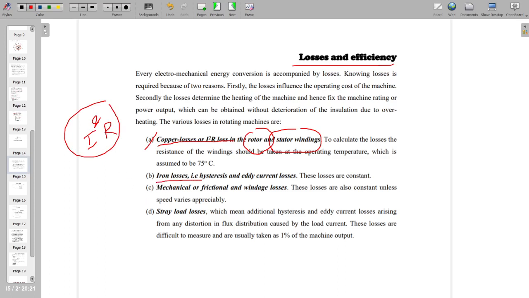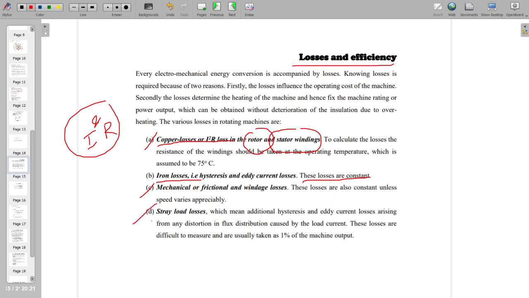Iron losses, that is hysteresis losses and eddy current losses, are constant. These losses are because of the hysteresis and eddy currents present in the machine. The third losses are the mechanical and friction losses or windage losses. These losses are constant unless the speed varies appreciably.